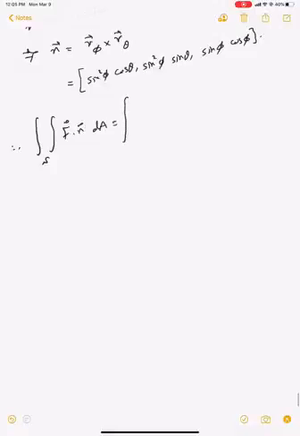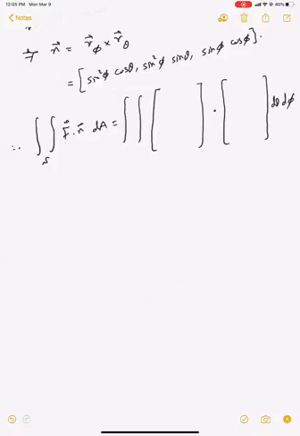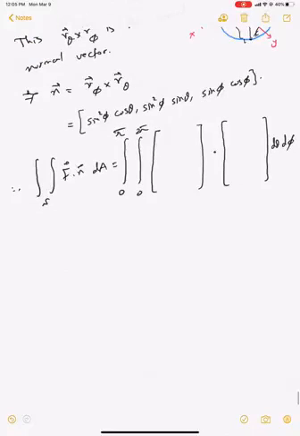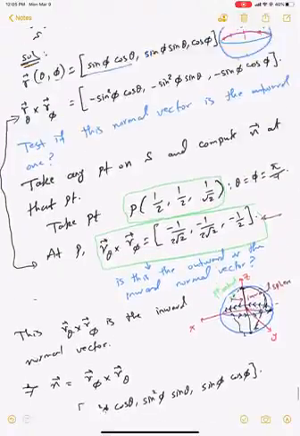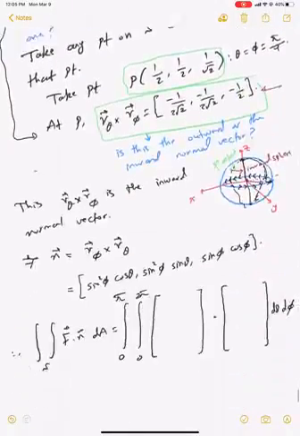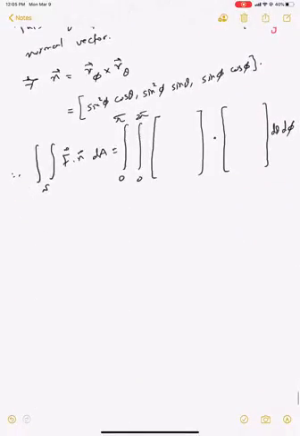So this is a double integral of what? We substitute the parameterization into F, then dot the normal vector, d theta d phi. The phi values are from 0 to pi. The theta values are from 0 to 2 pi. Now what was my function? My function was x squared, y squared, z. So we go back to the parameterization.